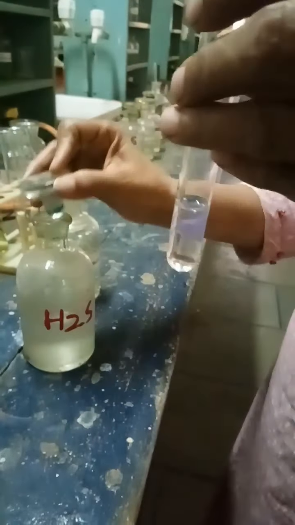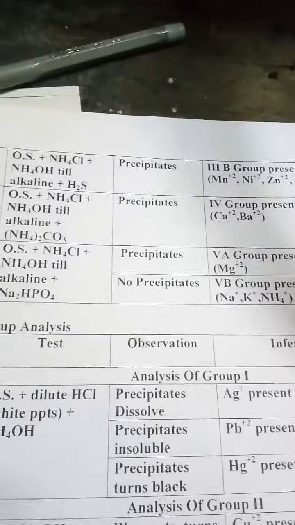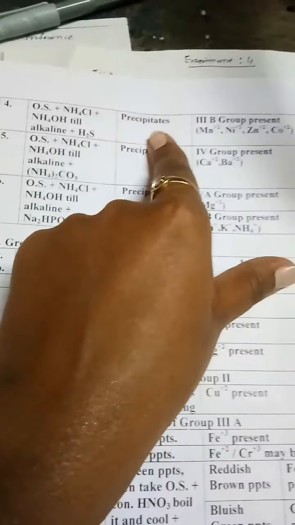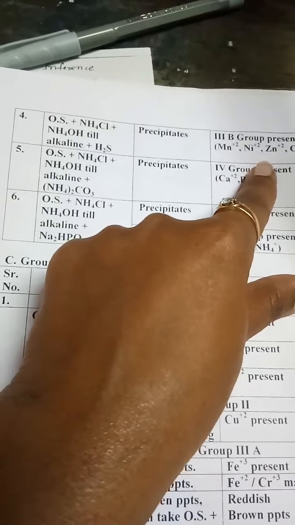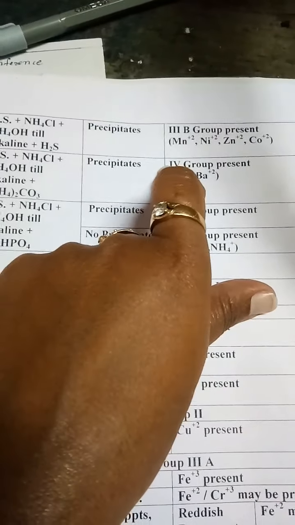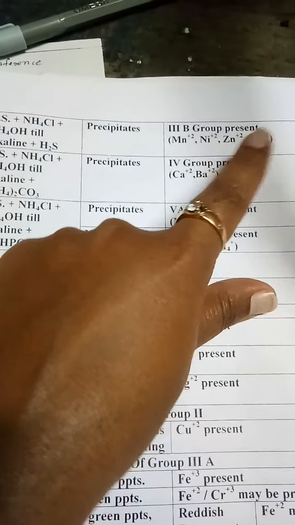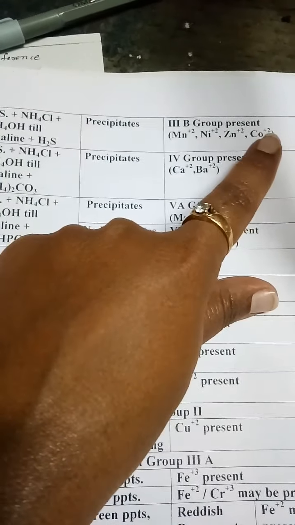After adding H2S, we do not get any precipitates. So our observation is no precipitates. The inference will be group 3B absent. Mn plus 2, Ni plus 2, zinc plus 2, Co plus 2 are absent.